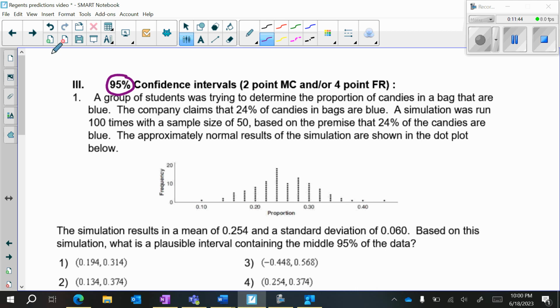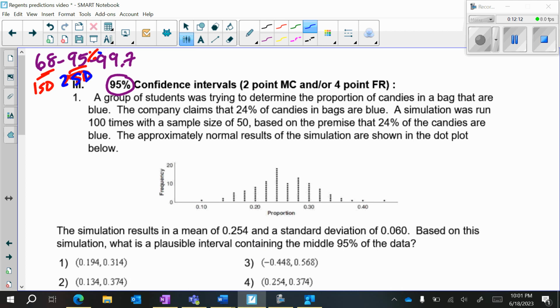The bell curve follows the empirical rule, which is the 68, 95, 99.7 rule. Basically, about 95% of the data lies within 2 standard deviations of the mean. About 68% lies within 1 standard deviation of the mean. About 95% lies within 2 standard deviations of the mean. About 99.7% lies within 3 standard deviations of the mean.